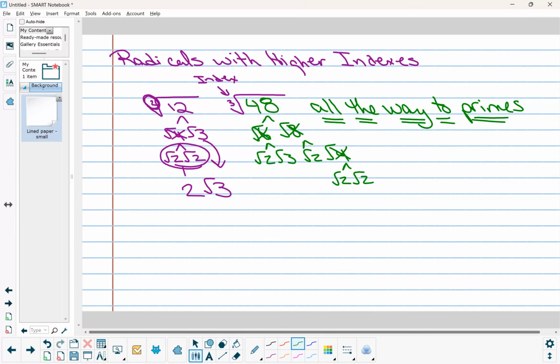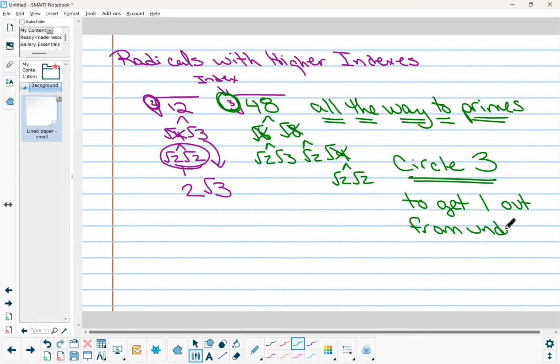Okay, well, my index up here of a 3 means I have to circle 3 of something, anything, to get 1 out. Okay, so if I circle 1, 2, 3 2s, that gets me 1, 2 out from under the radical.